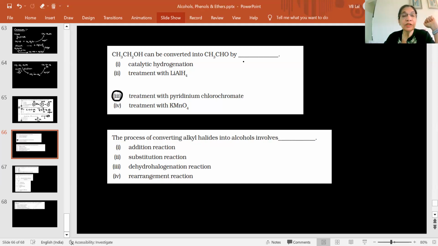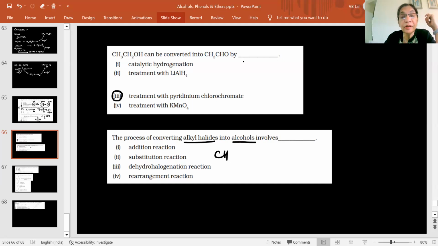Then the next one, process of converting alkyl halides into alcohols. Alkyl halide into alcohols involves what type of reaction? Is it addition, substitution, dehydrohalogenation, or rearrangement? Who will tell me? Ashwin, what is it? Option 3, miss. No, alkyl halide to alcohols.